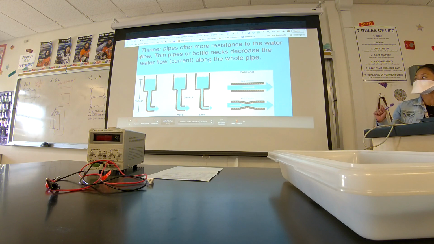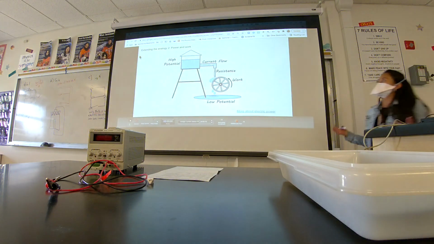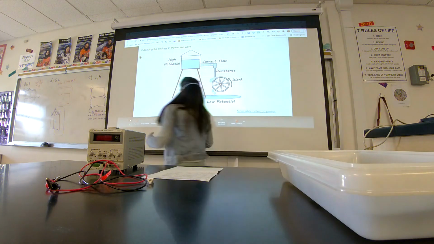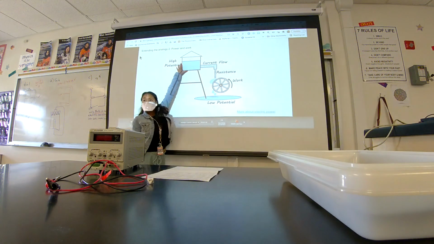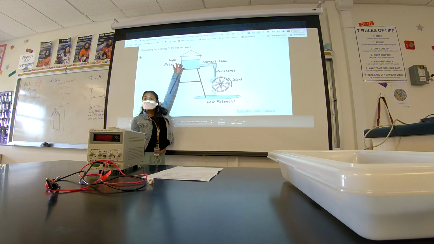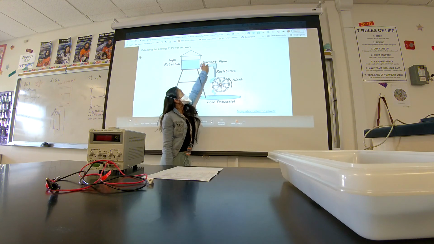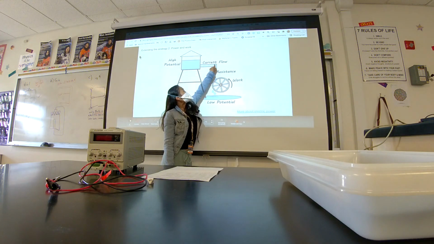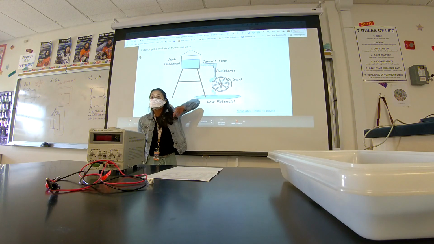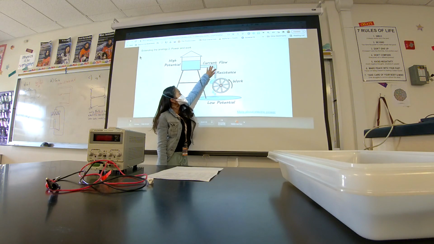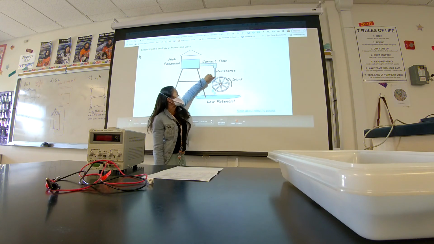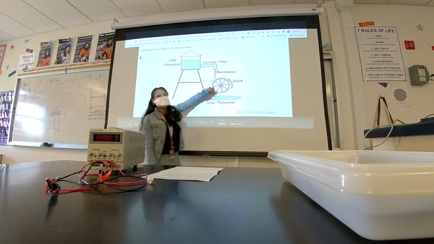You add resistance is a bottleneck analogy, but all of these analogies come down to the point that you need a voltage, some sort of potential energy, storage of electrical energy, and then you need a pathway, and the current is going to encounter some resistance, but in the end, that resistance creates work.